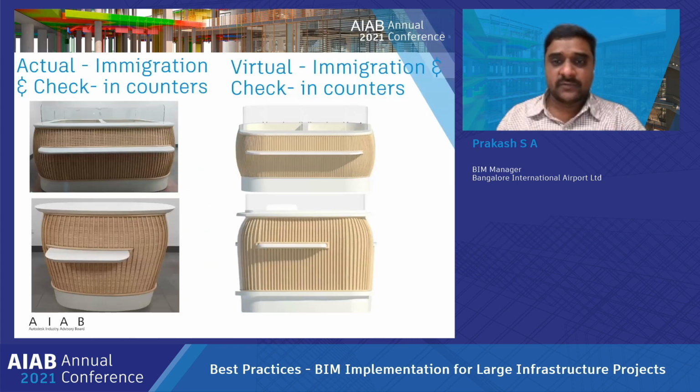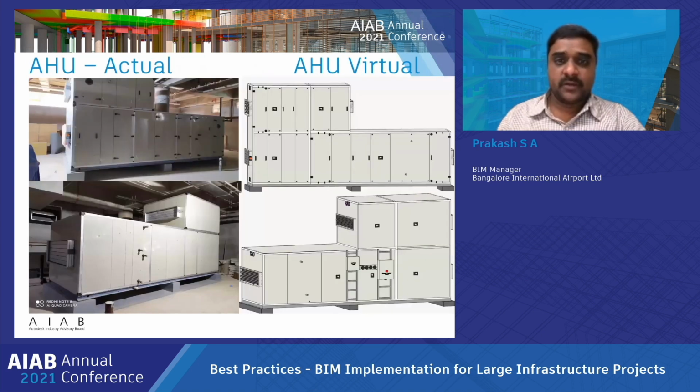This is one of the examples we took in the check-in area, where we can see the actual versus virtual. What we model in the virtual is the same as what is in the actual. This is a small example in our Terminal 2 building.